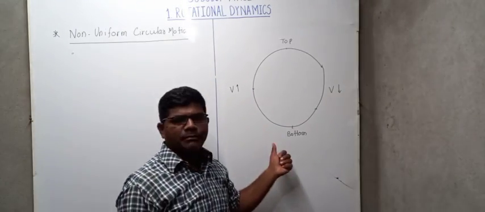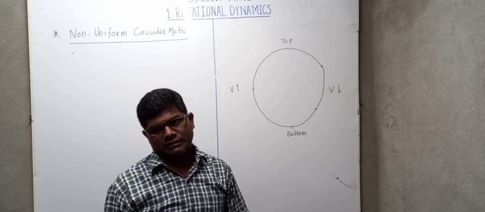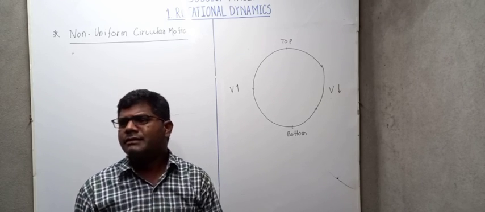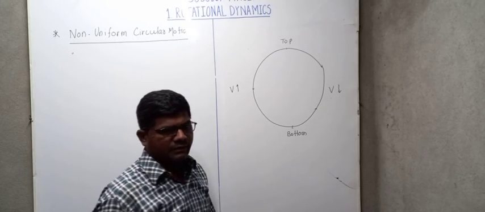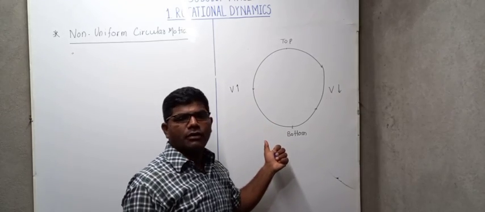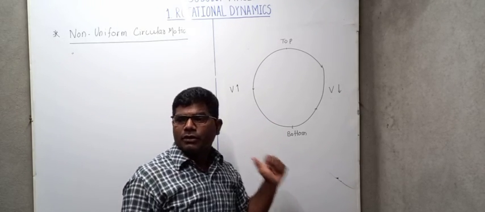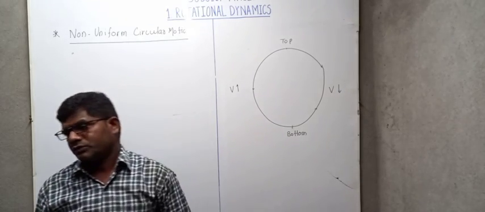From this example, it is clear that the speed of the particle is never constant. That means the speed of the particle changes continuously. Due to this, such type of motion is called non-uniform circular motion.